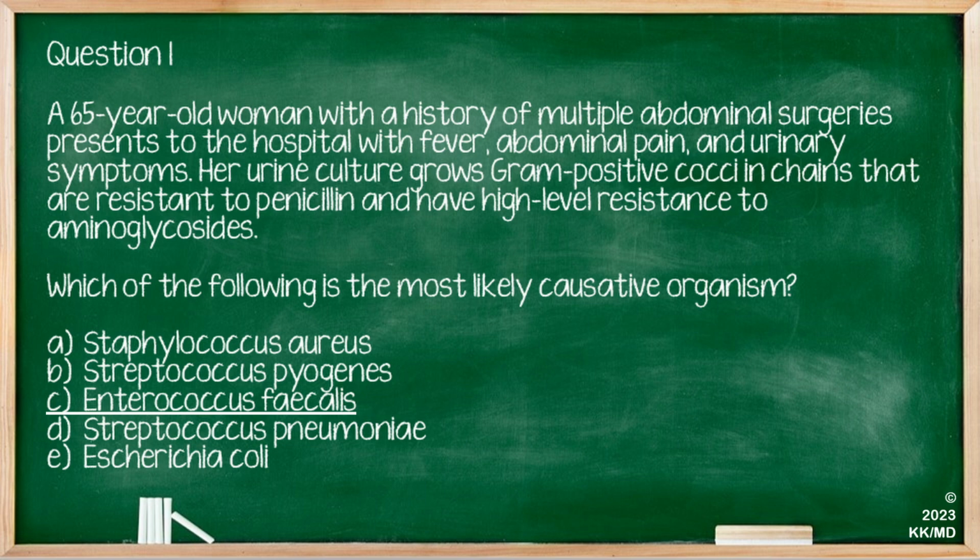If you would like a review of Streptococcus pyogenes, please click here. Streptococcus pneumoniae is the commonest cause of community-acquired pneumonia, which is the commonest reason for adult inpatient hospitalization in the UK. And if you'd like a recap of that, please click here.